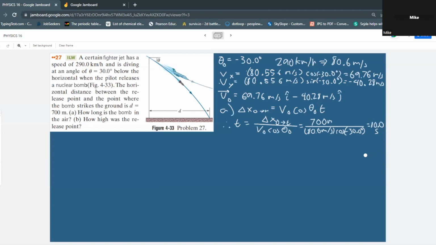Hmm. 10 seconds to drop a nuclear bomb. No wonder. What a very stealthy and safe procedure. Dive bombing and taking 10 seconds. Horizontal distance. Okay, sige.